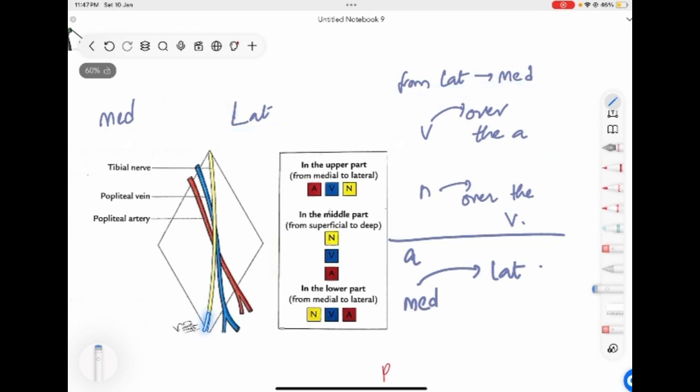And the nerve will pass over the vein from lateral to medial. So over the artery, the vein, and over the vein, the nerve.